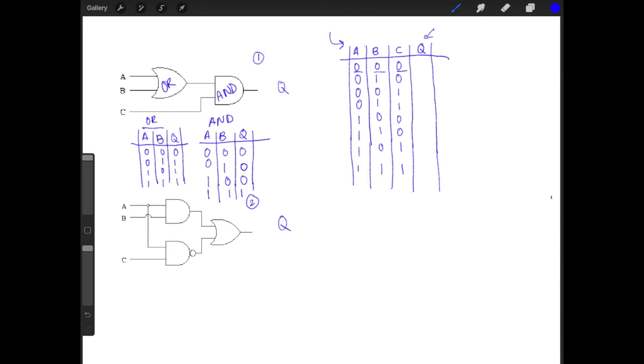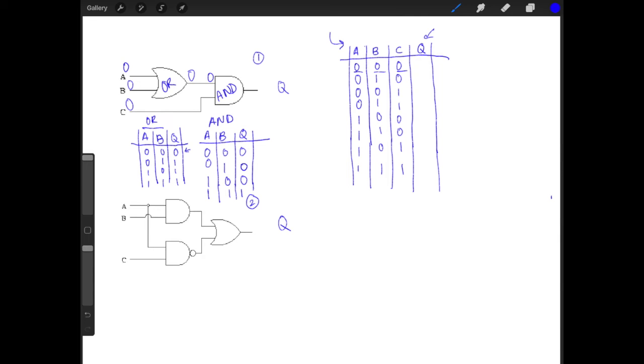So for the first situation, A is 0, B is 0, and C is 0. Well, if A and B are both 0, let's go to the OR truth table. Then the output will be 0. So OR equals 0.